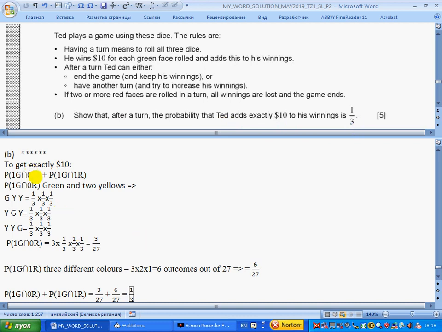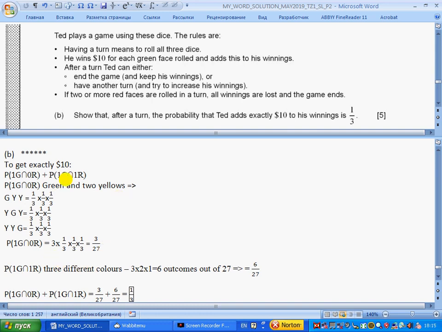To get exactly $10 means that 1 green 0 red plus 1 green 1 red. 1 green 0 red means green and 2 yellow. So which combinations can it have? Green yellow yellow, yellow green yellow, yellow yellow green, and all of them have the same probabilities. We add, we get 3 times 1/27.